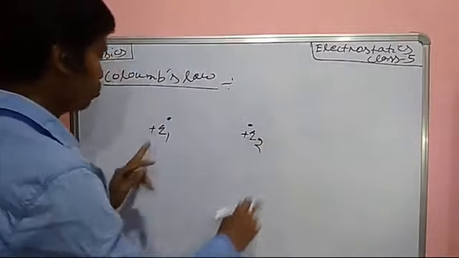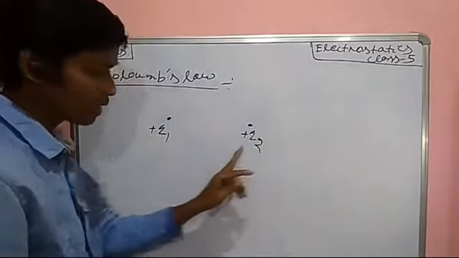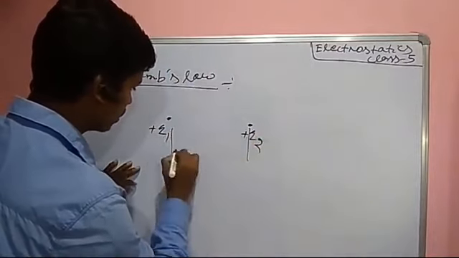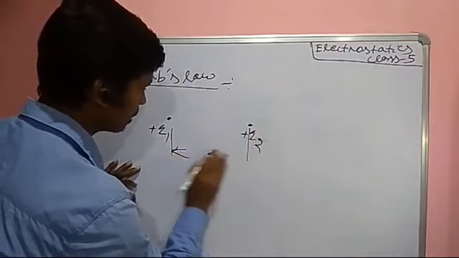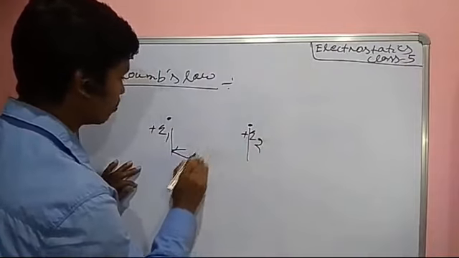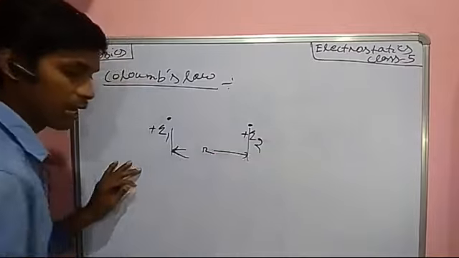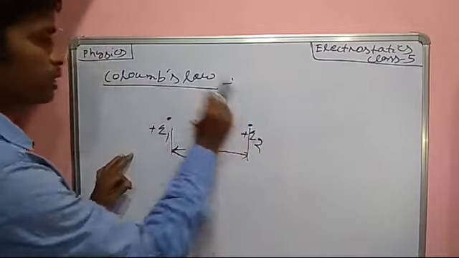So the two charges are plus Q1 and Q2, and the distance between them is R.